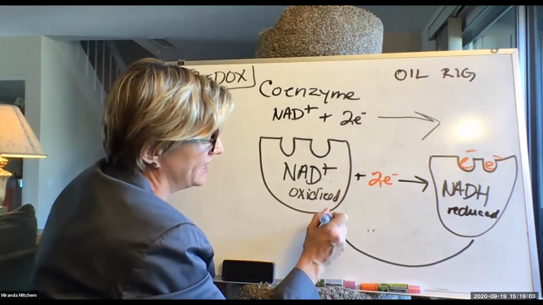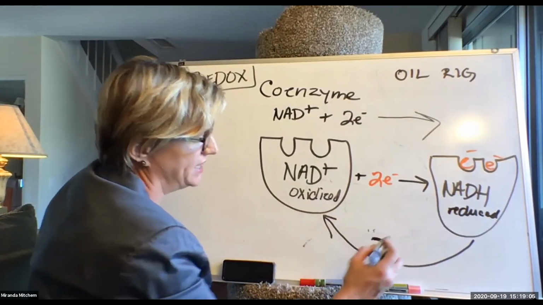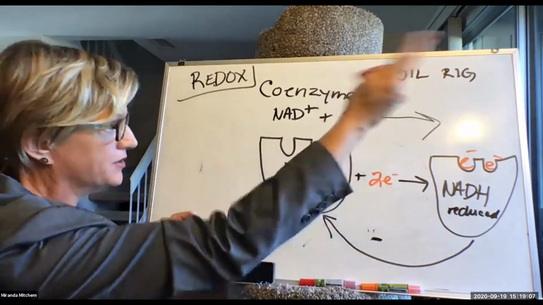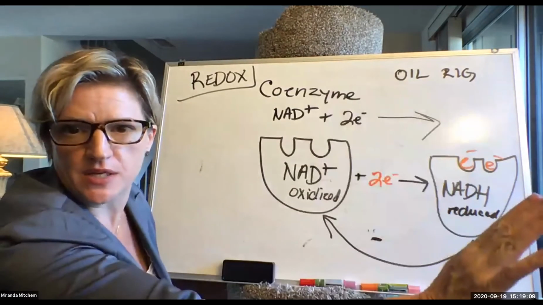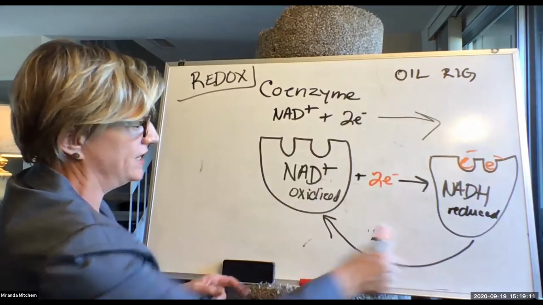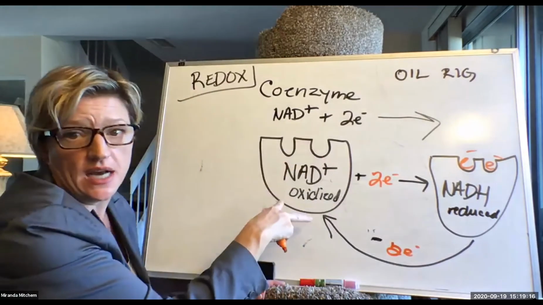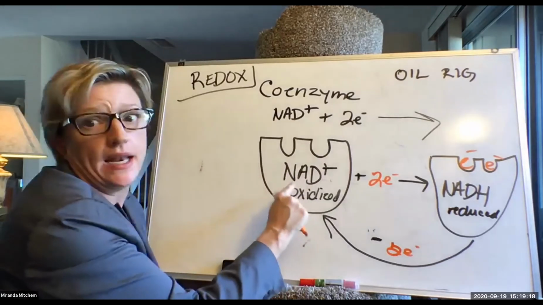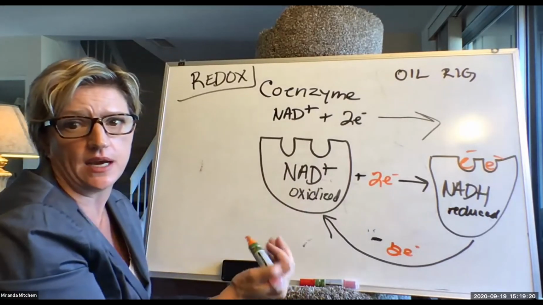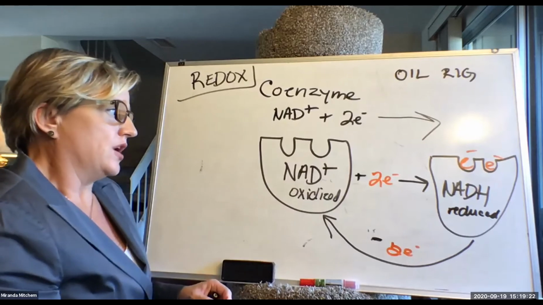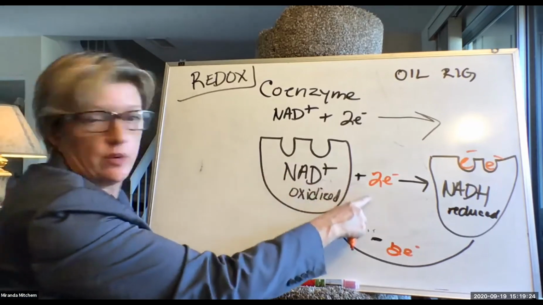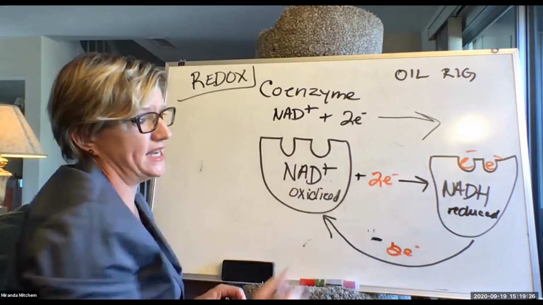But if we take the electrons out, if we minus those 2 electrons out, if we shuttle them into the electron transport chain, then our NAD is oxidized and is properly called NAD+. That means it's oxidized. So NAD+, 2 electrons creates NADH.